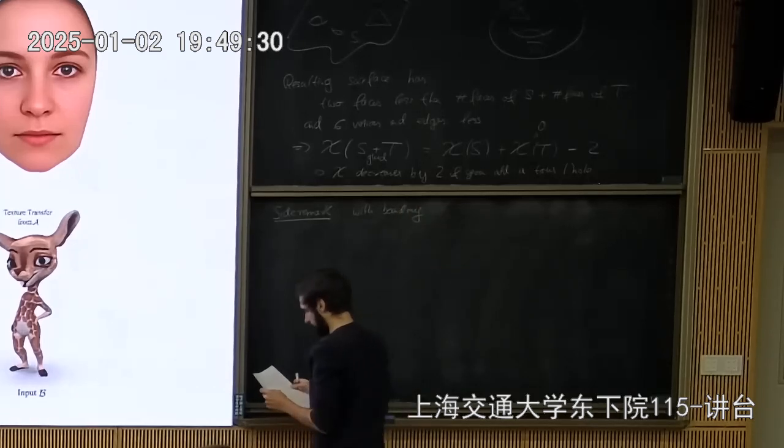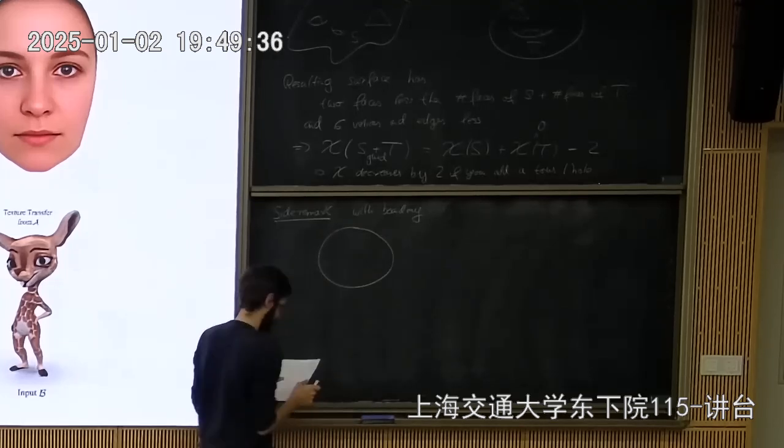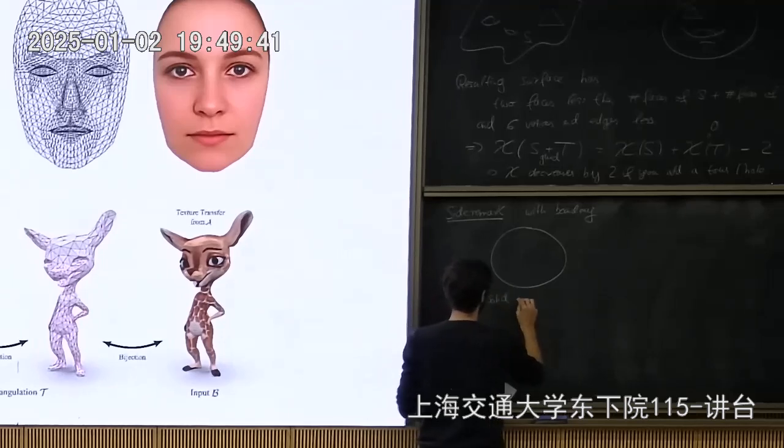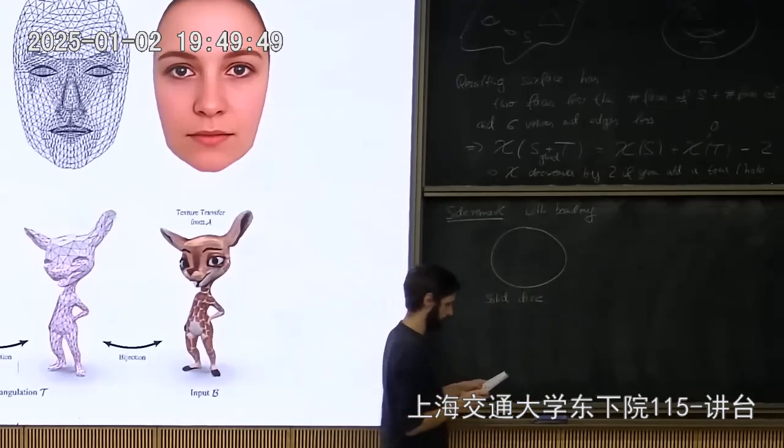And there we maybe just look at one particular example, the disk with boundary. So that's the solid disk, and the boundary is of course the boundary curve that we have.